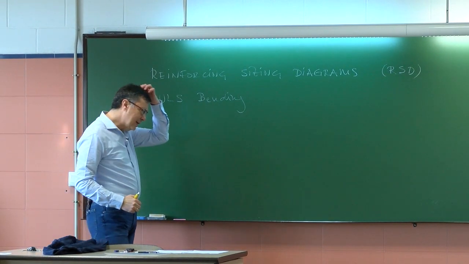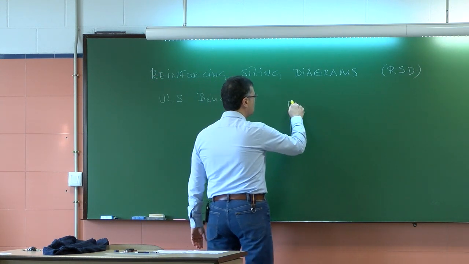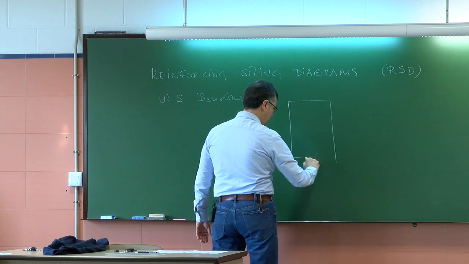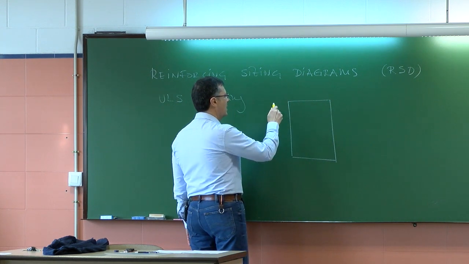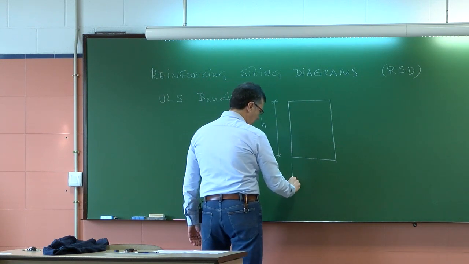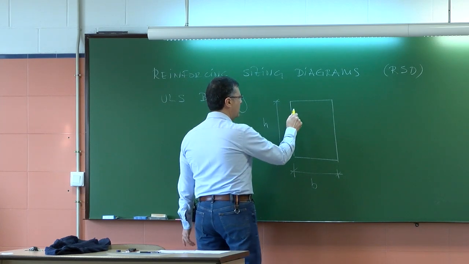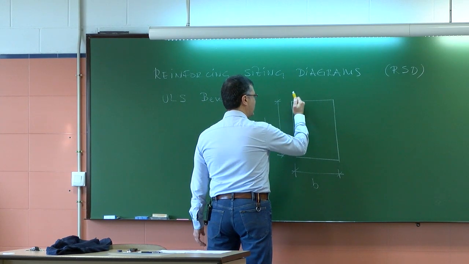So let's start analyzing a cross section. Let's be original, a rectangular one. So the height is h, the thickness or the breadth is b. Everything is very standard, no?